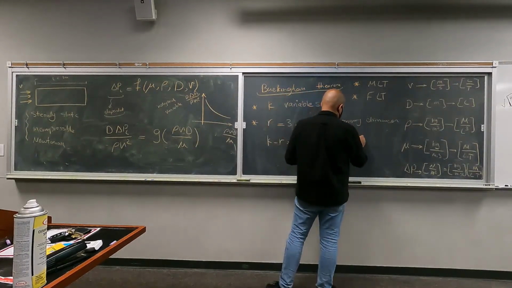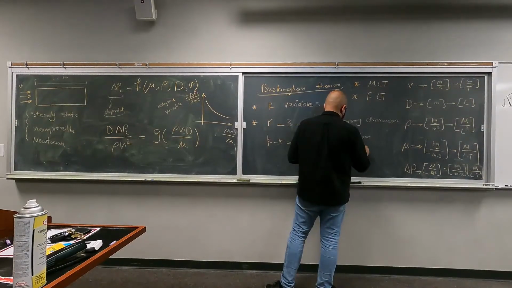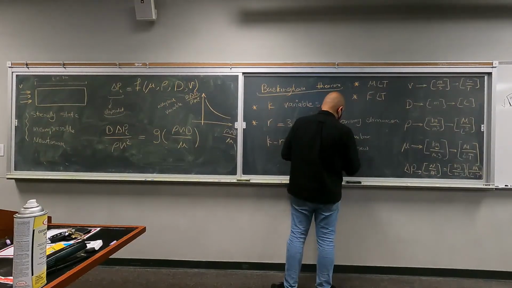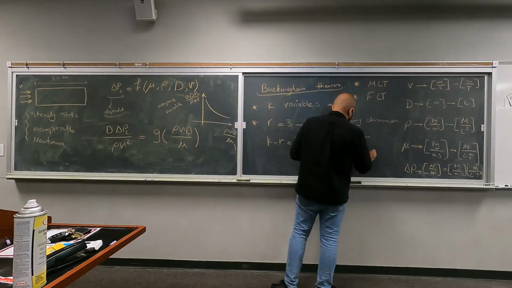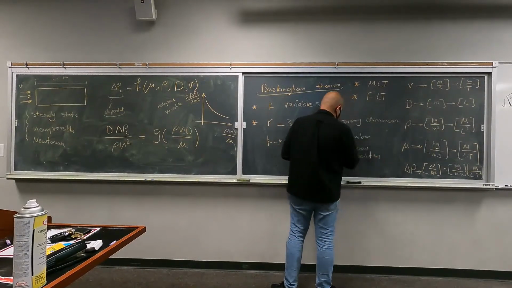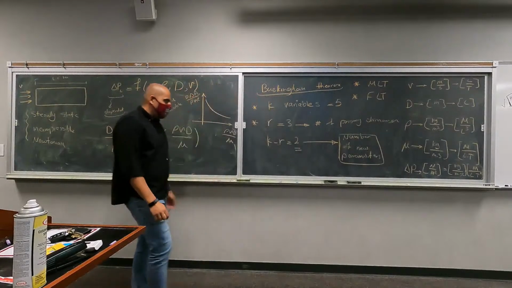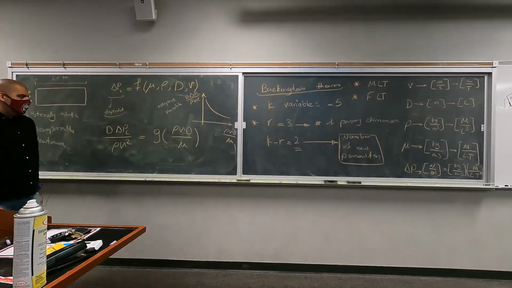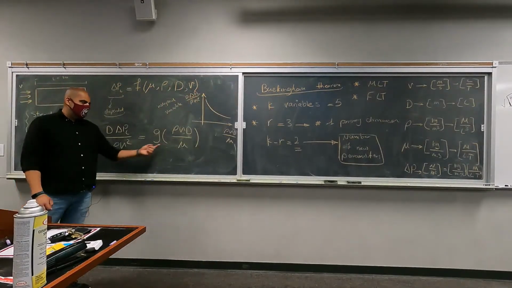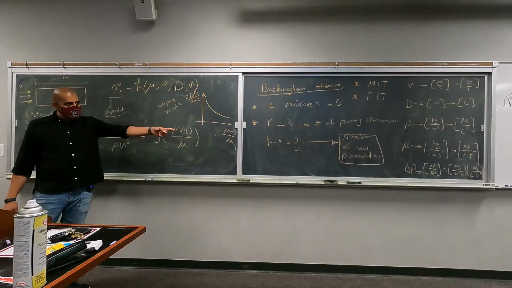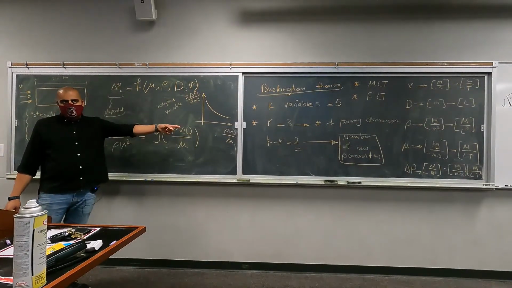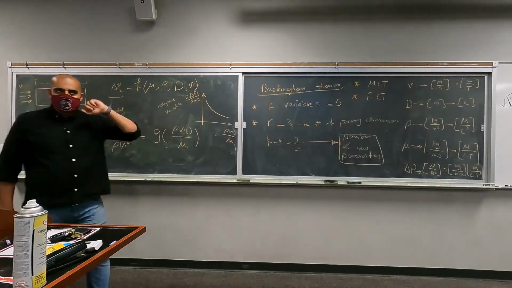Number of new parameters. So far, we are consistent, right? We have seen in the final solution that we have 2 new parameters. Over there, the Buckingham pi theorem has already told us that we need two new parameters.